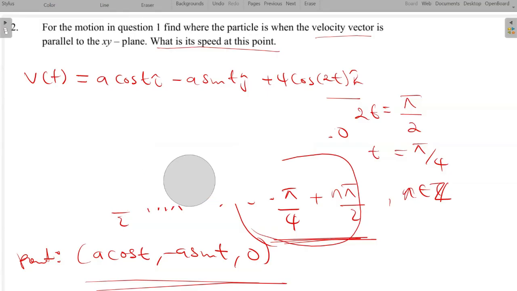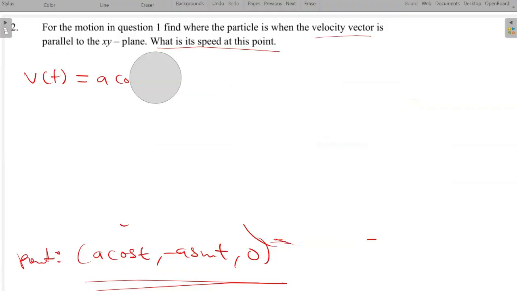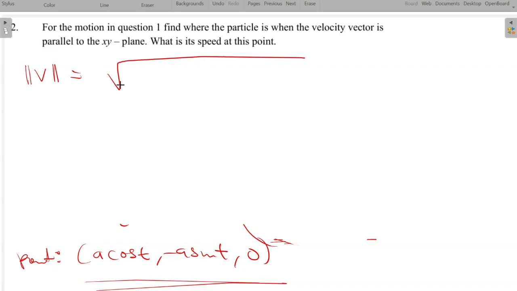So we find the magnitude, which is just going to be the square root of a cos t squared, plus negative a sine t squared, plus my 0 here squared.